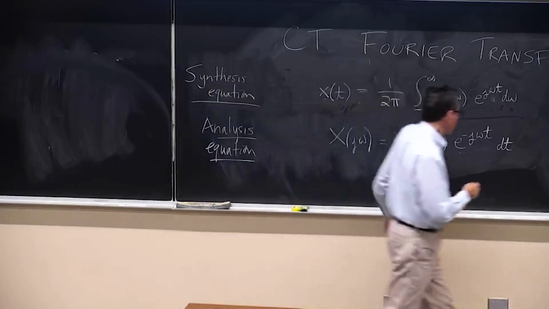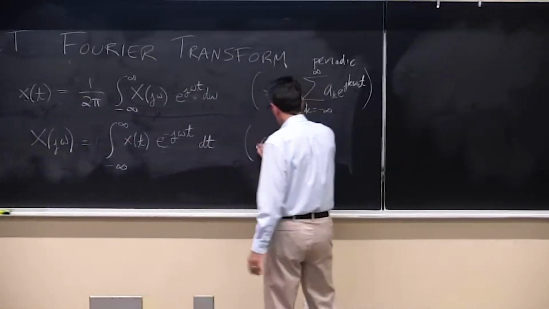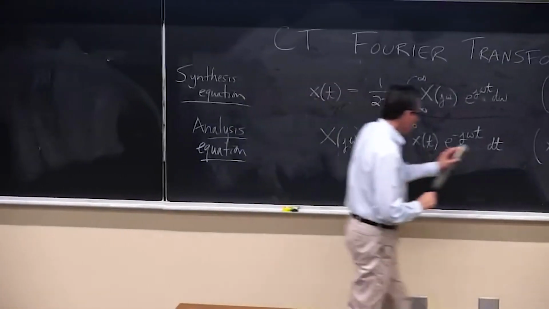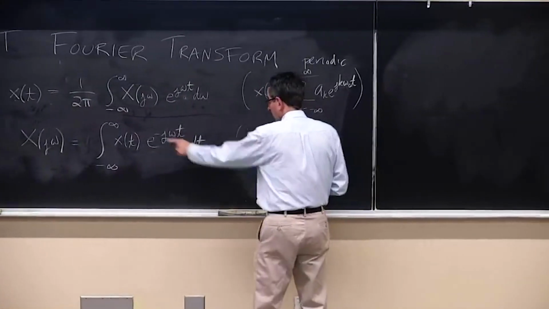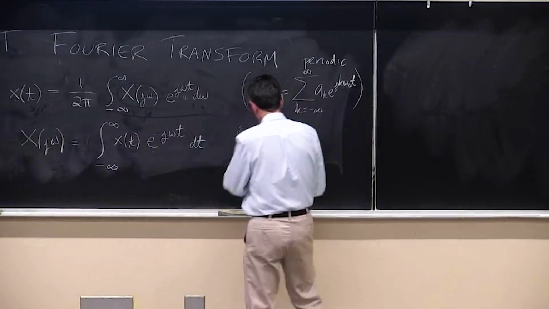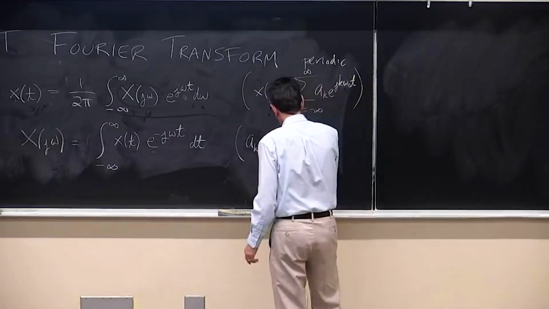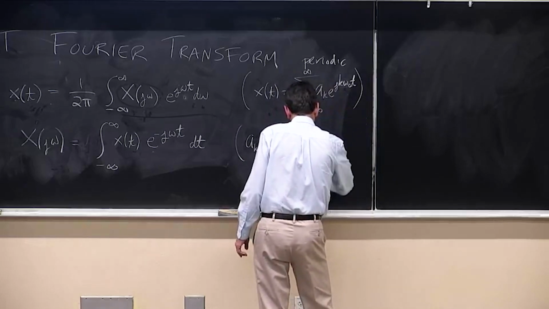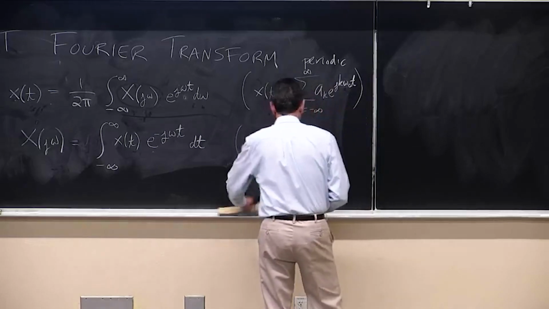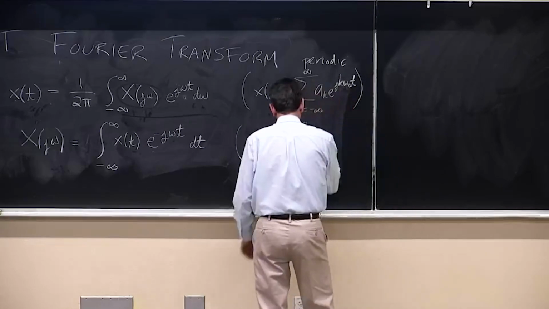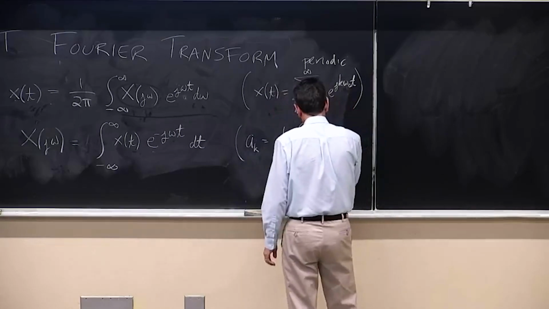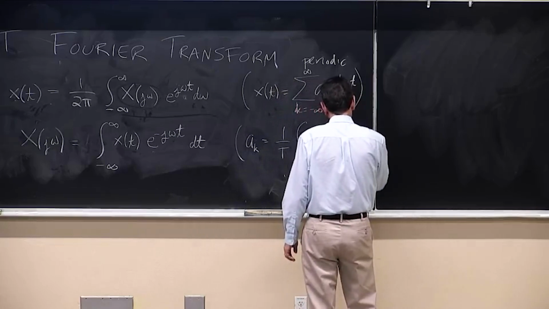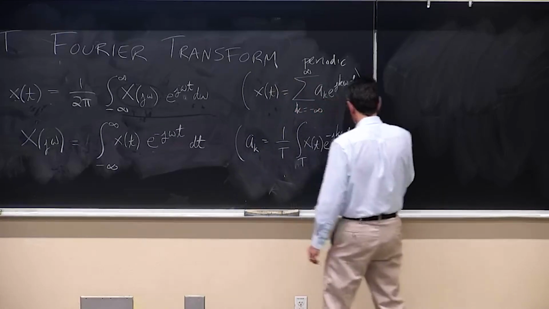It was the thing that came out of the eigenfunction analysis. So this is the general form, and you can recall that when we compare it to the periodic signal, what we computed as the equivalent of this frequency domain representation was the Fourier series coefficients. And there we had an integral over one period of x of t e to the minus j k omega naught t dt.